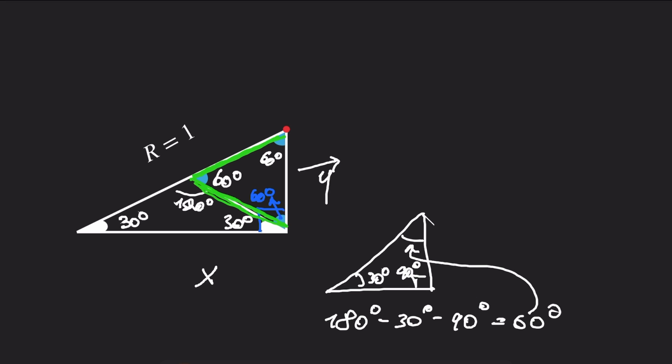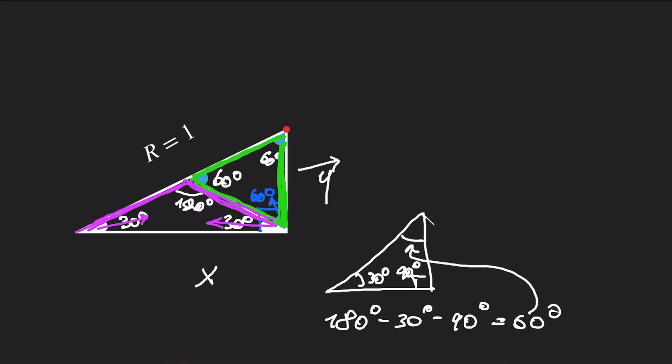At the same time, you see, opposite of this 30 degree angle is this side, and opposite of this 30 is this side, and they are the same as well, okay? So this side and the 3 sides of this triangle are the same, and the 2 sides of the triangle are the same, which leads to the conclusion that the purple side is the same as the green side, okay?